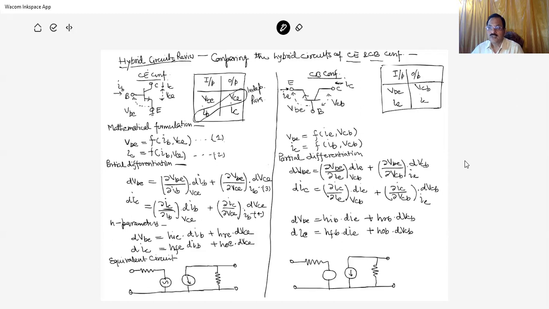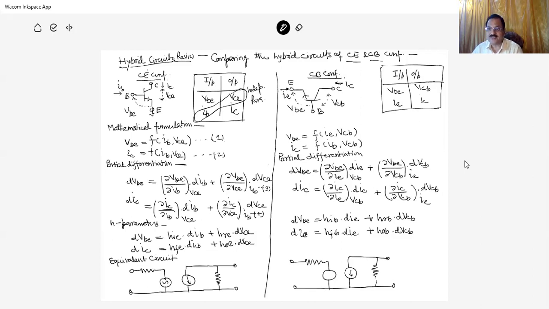So we can replace the coefficients with h parameters: dVB is equal to hie into dIB plus hre into dVCE, and dIC is equal to hfe into dIB plus hoe into dVCE. These four h parameters are named as follows: this is the input impedance, this is the reverse voltage gain, this is the forward current gain, and this is the admittance.